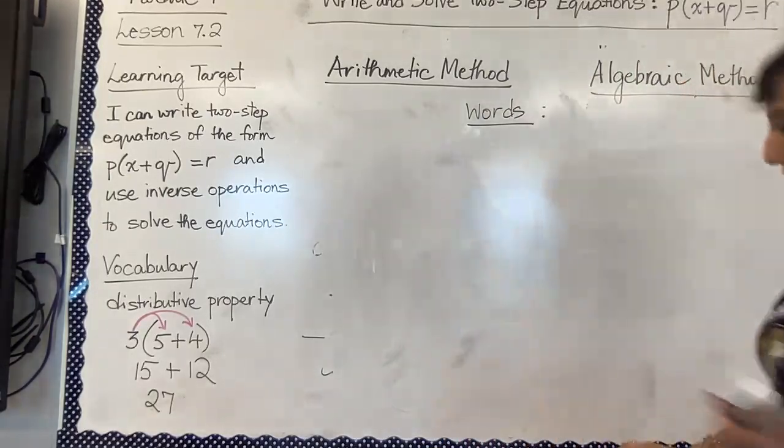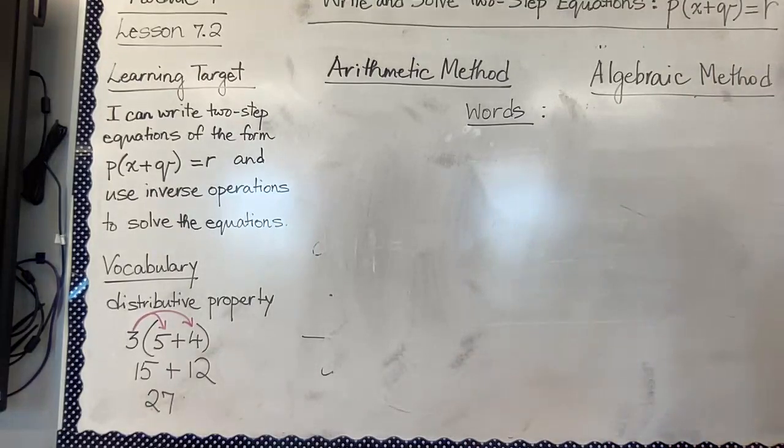Okay. So, Jamie and two cousins received the same amount of money to go to a movie. Each boy spent $15. Afterward, the boys had $30 altogether. Write and solve an equation to find the amount of money each boy received.